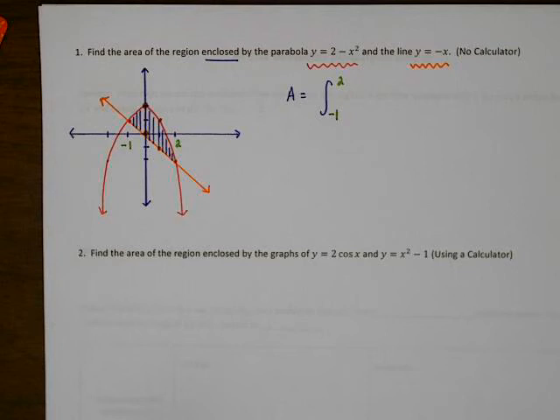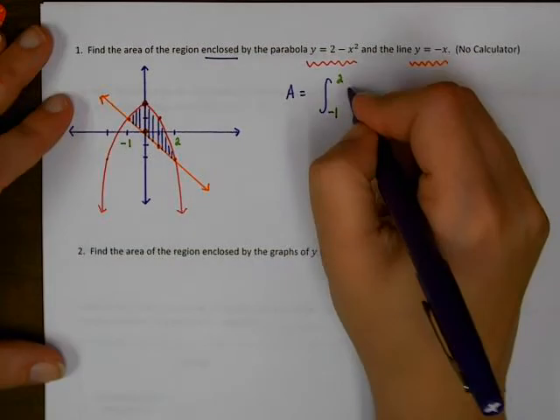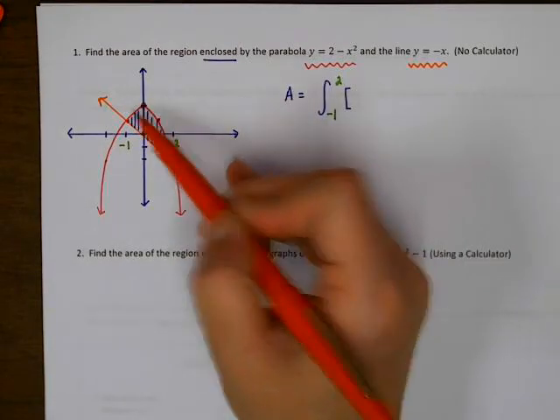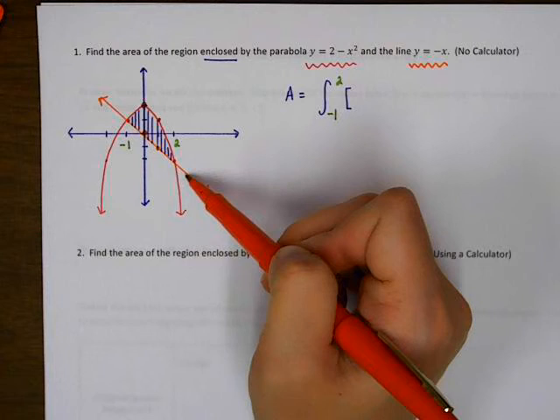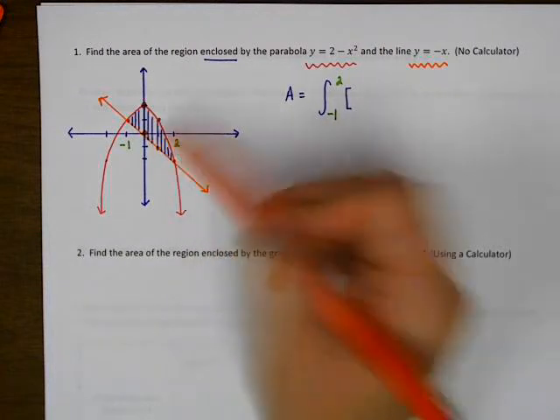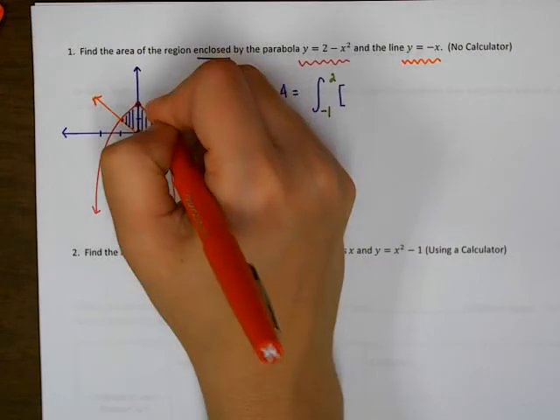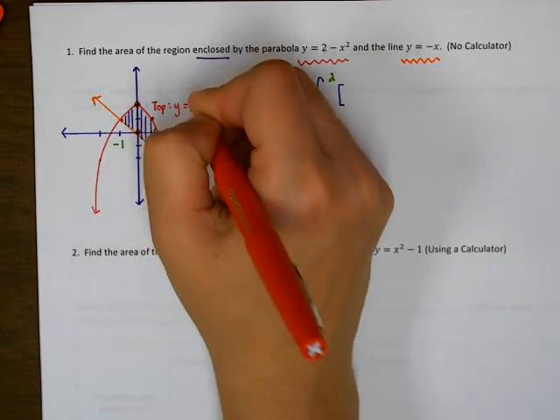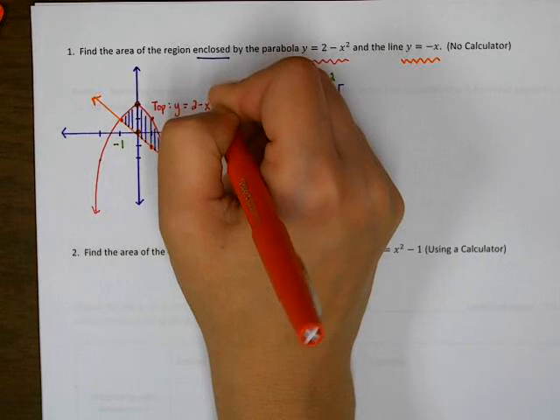Now what I'm going to do is try to figure out what is the top function here and what is the bottom. In this picture, the red parabola is above the orange line within this region that we're interested in. So the top function here would be y equals 2 minus x squared.